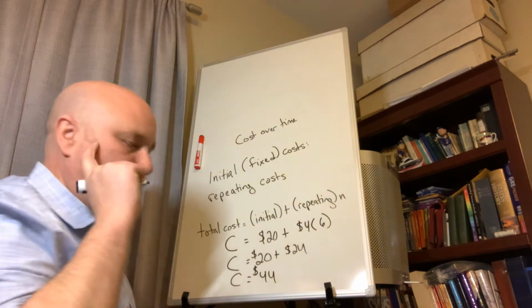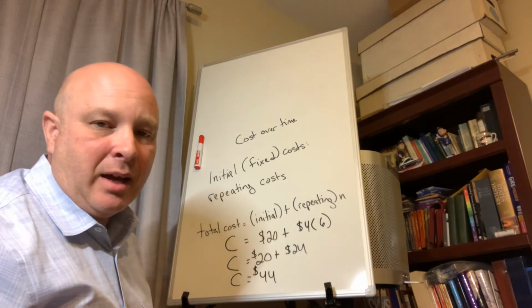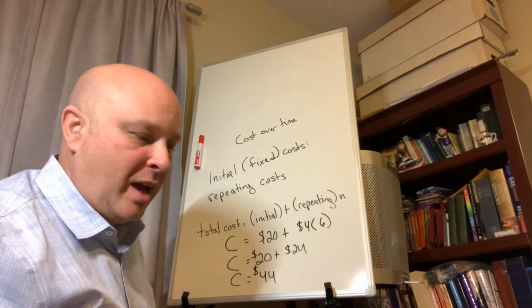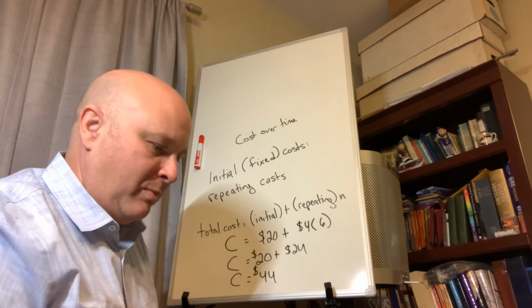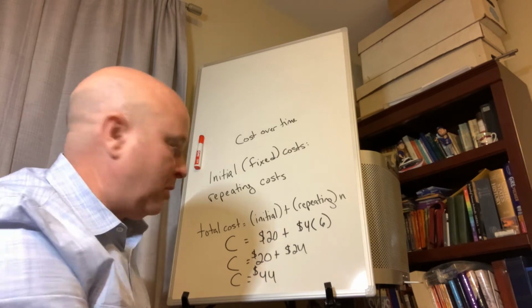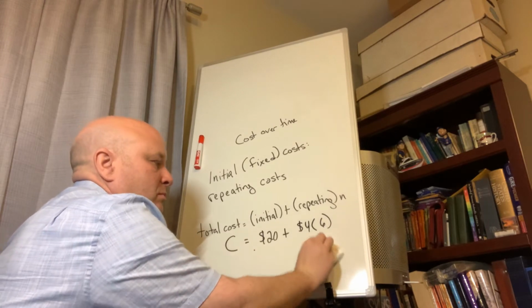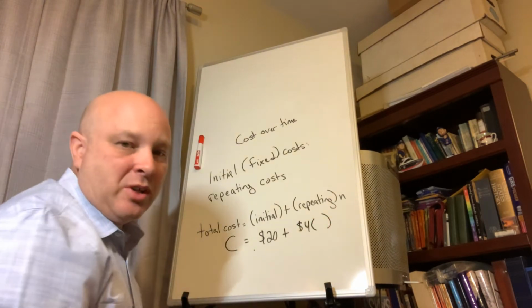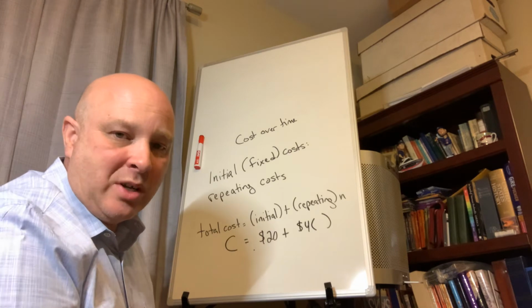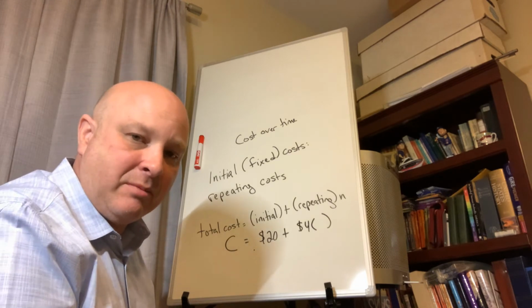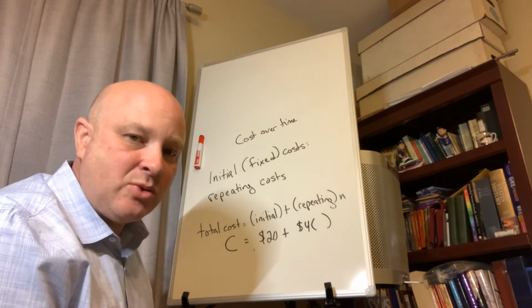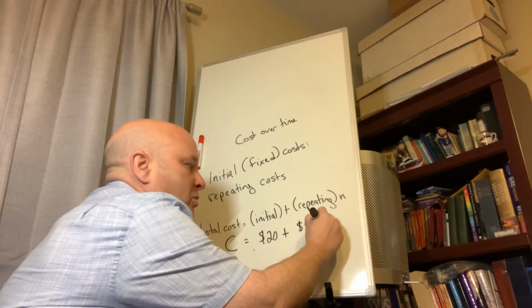All right, well, let's say that I keep this particular app not just for 6 months, but for an entire year. Okay, so let's see how this works out. If I'm charged on a monthly basis, in other words, N is the number of times that the cost is repeated, that would be 12 months.